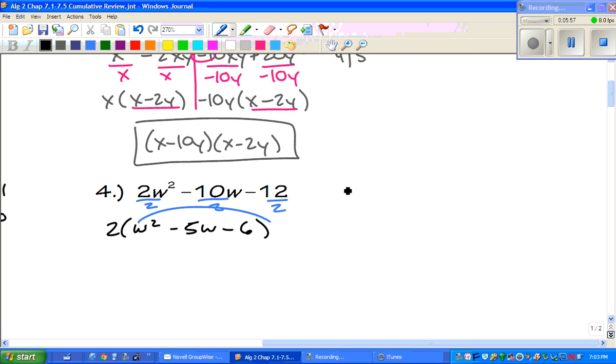You'd multiply those two. 6 is 1 and 6, 2 and 3. So find the combination that adds up to negative 5 and multiplies to get to negative 6. You guys are on your own, so good luck. Pause that video, please.